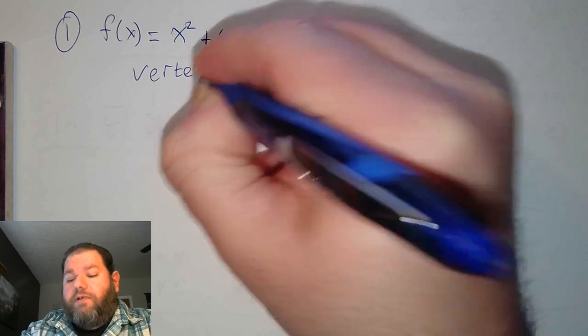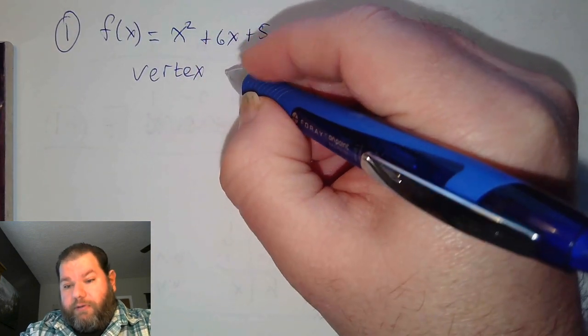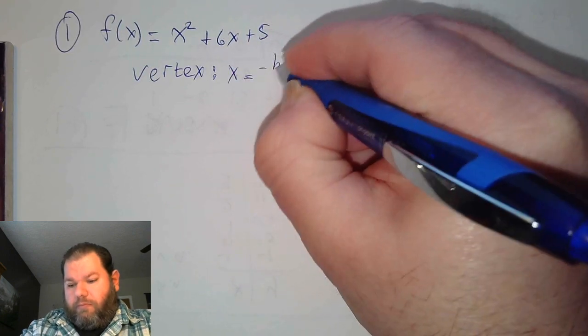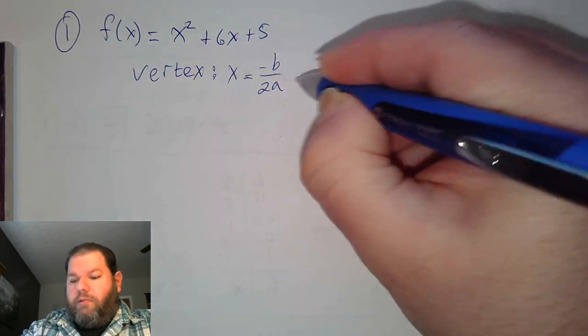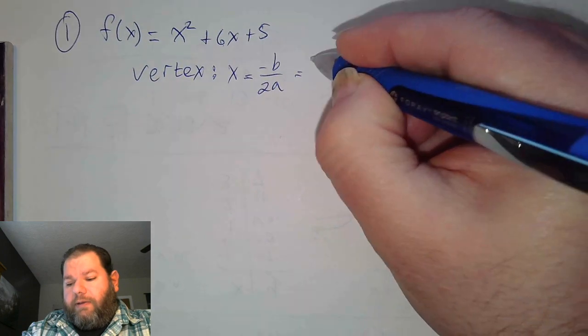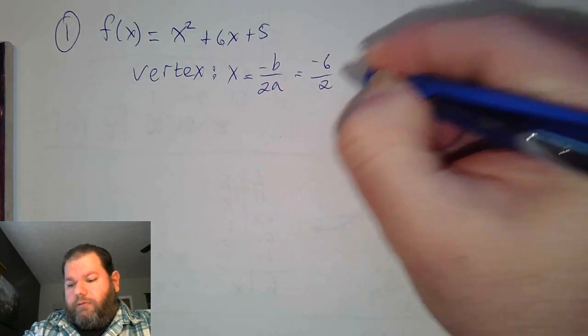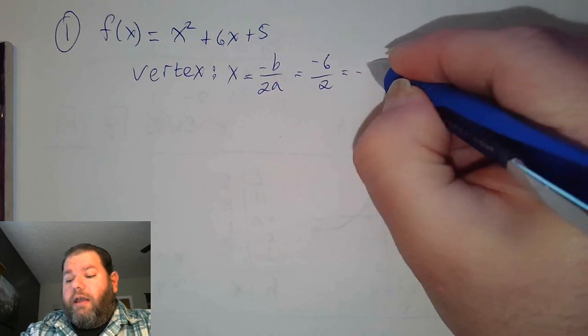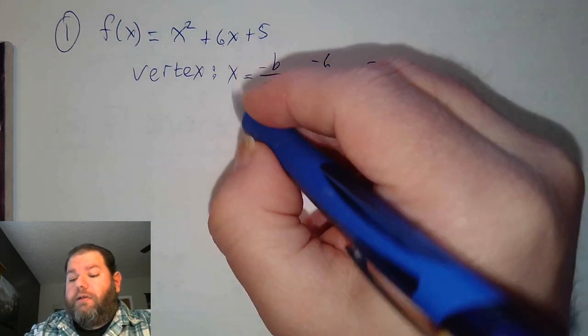Yeah, so for the vertex, we use the negative b over 2a. Which is negative 6. A is 1, so we divide by 2, so x is negative 3.